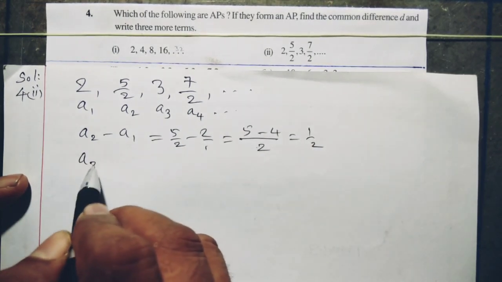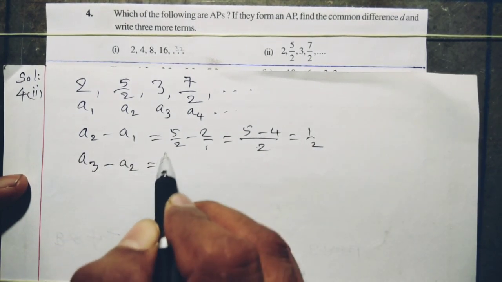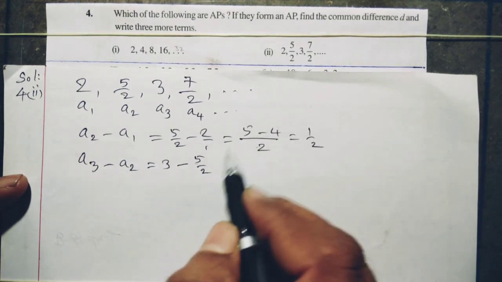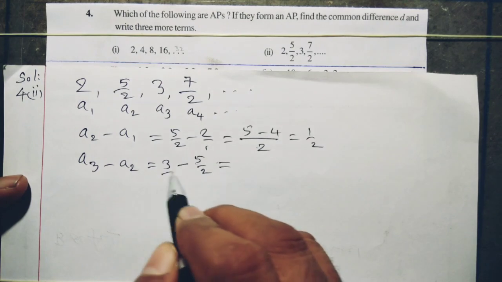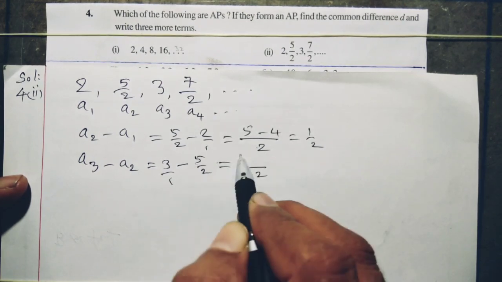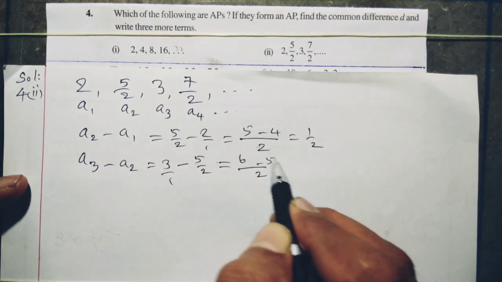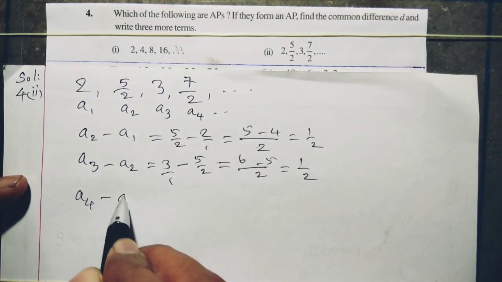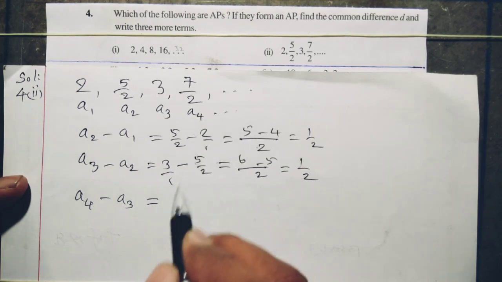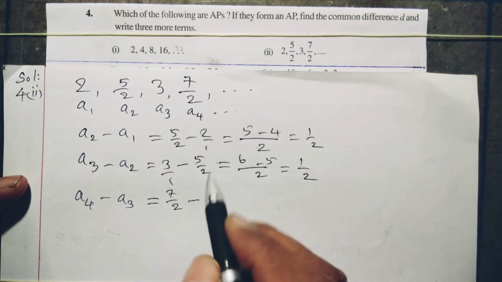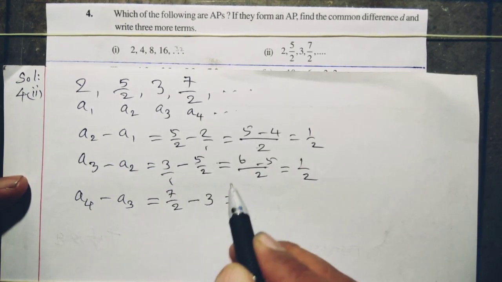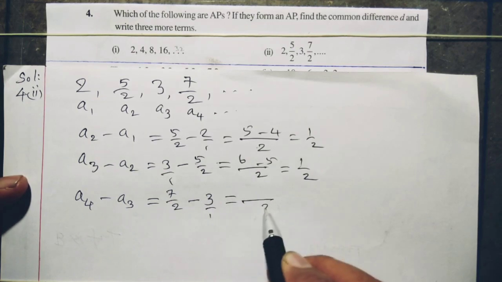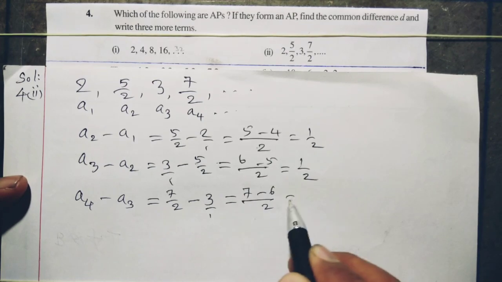Next, A3 minus A2: 3 minus 5 by 2, 2 threes are 6, 6 minus 5 is 1 by 2. A4 minus A3 is equal to 7 by 2 minus 3, LCM 2, 7 minus 6 is 1 by 2.